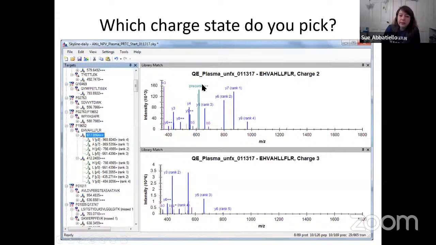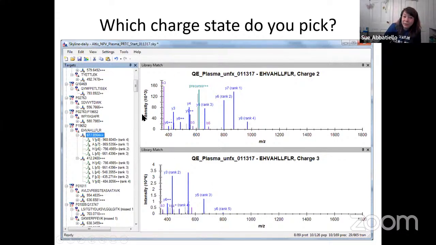So we see unreacted precursor in the 2+ charge. We see a whole bunch of product ions. It looks pretty good. But we also see information for the +3. At a quick look, you think the +3 isn't generating so many product ions, so maybe I don't want to pick that.